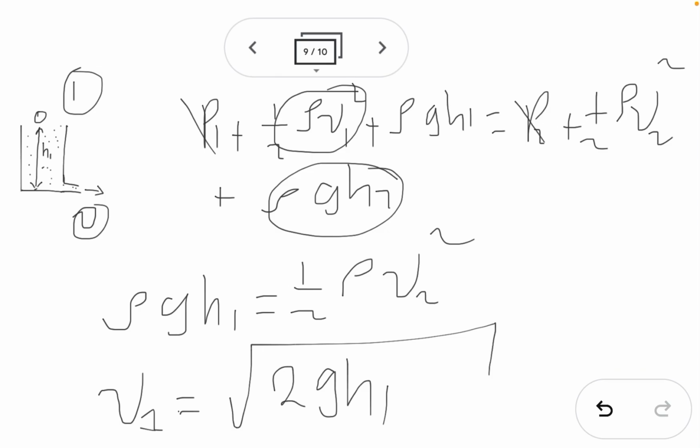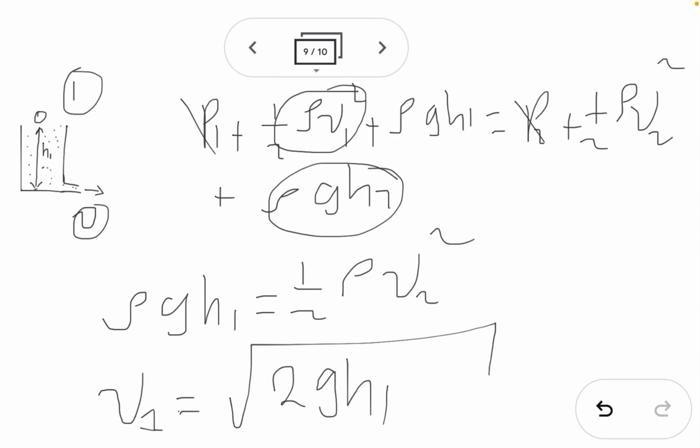So keep in mind those assumptions we made, and also take note of the pressures at the two points. The pressure at the top opening is equal to the pressure at the bottom opening, which is equal to the atmospheric pressure. Also, the speed of the fluid at the top opening is actually 0, because the opening is so big as compared to the smaller opening, so the rate will be very slow.